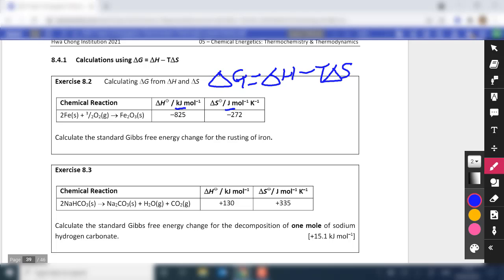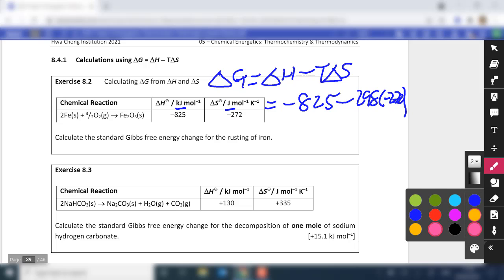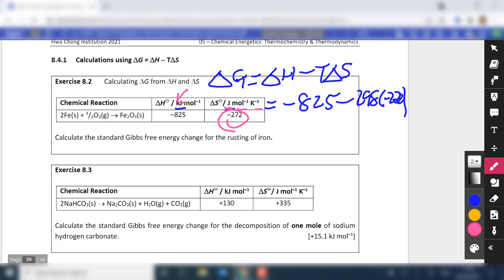In this case, do not just blindly write in the numbers like this: 825 minus 298, then minus 272. The reason you shouldn't blindly write it like this is that minus 272 is actually in joules per mole per Kelvin. So this is in joules, and this is in kilojoules.